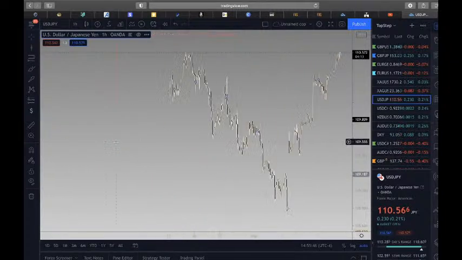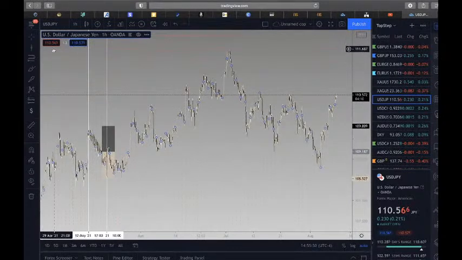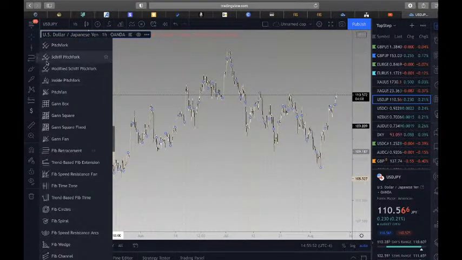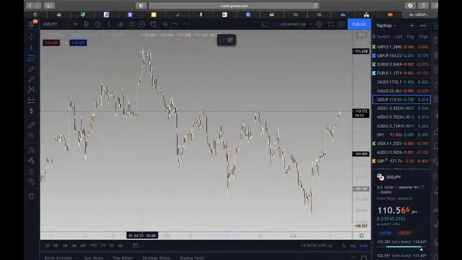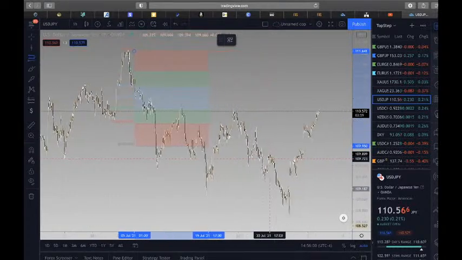Basically, let me draw you back what I had for the high of July to the low of the beginning of August. I'm not going to make this perfect because I do have to run.